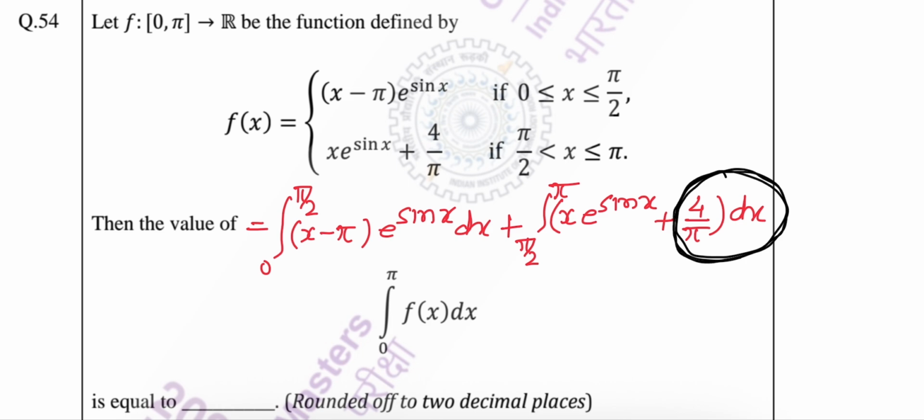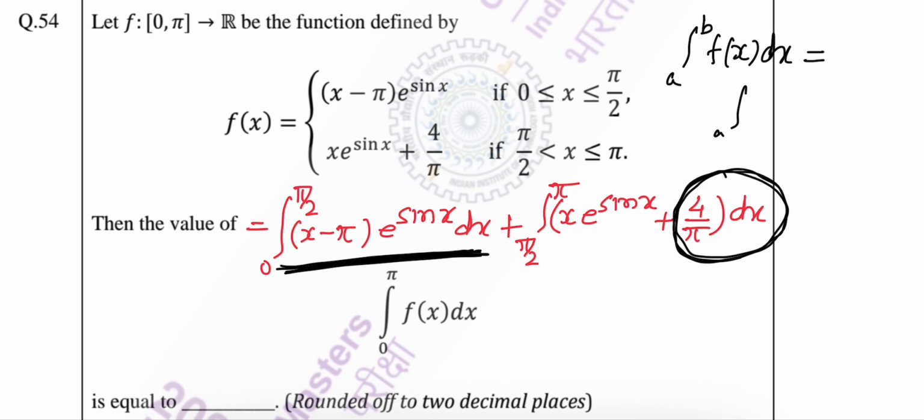Now for this part, the black underlined part, I use this formula: integral a to b f(x) dx equals integral a to b f(a plus b minus x) dx.